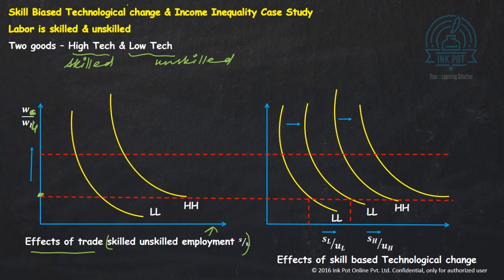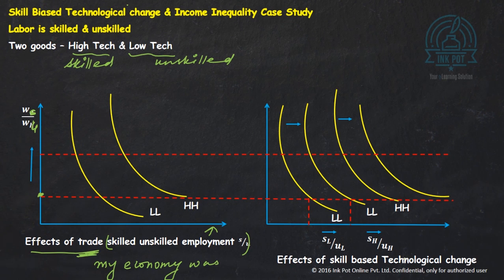We were at this point. When we traded, our WS by WU increased, which means my economy was specializing in skilled labor. So we have skilled versus unskilled inequality here. Right, so this WS by WU increased when there was trade in the economy.